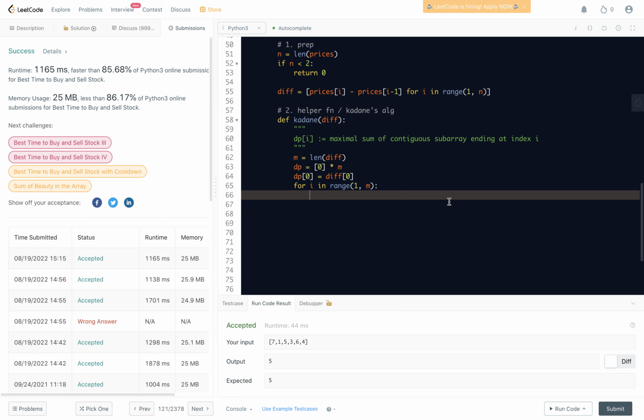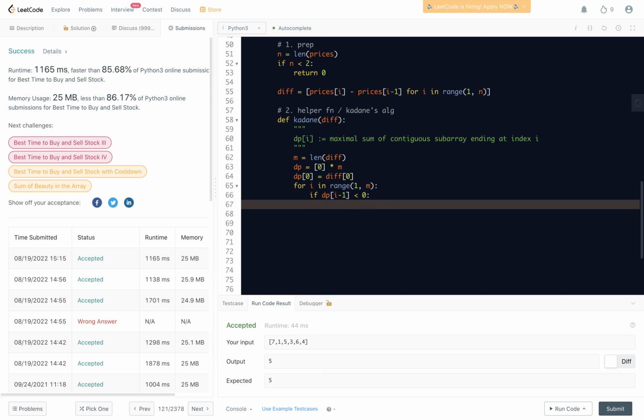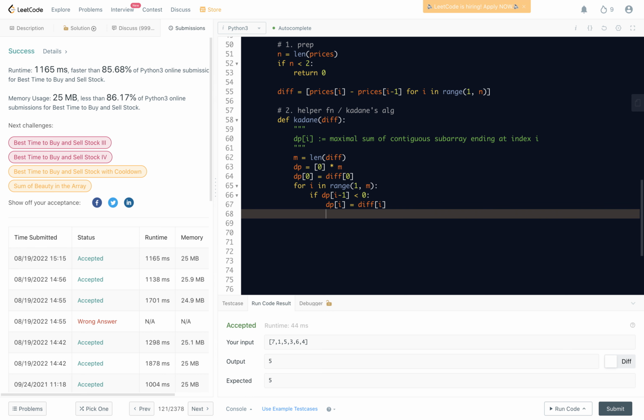Then we can consider two cases. First, if dp[i minus 1] is less than 0, that is negative, then the maximum sum of contiguous subarray ending at index i would be diff[i] itself. That's one case.